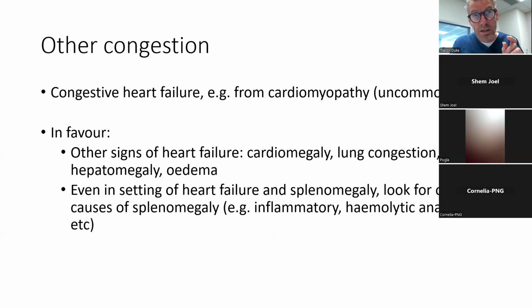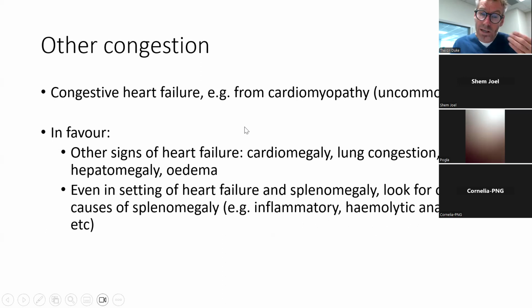The other thing, in the same way that a spleen can be congested because of portal hypertension, because of the back pressure of blood, a spleen can also be congested because of heart failure. And sometimes, it's not common, but sometimes if you've got chronic heart failure, that can lead to splenomegaly just because of congestion, just like you can get hepatomegaly as well.